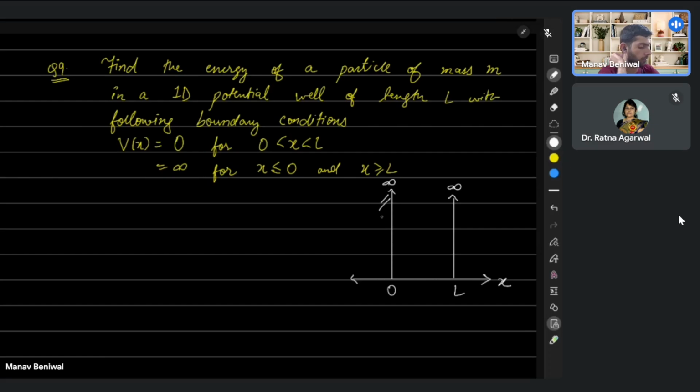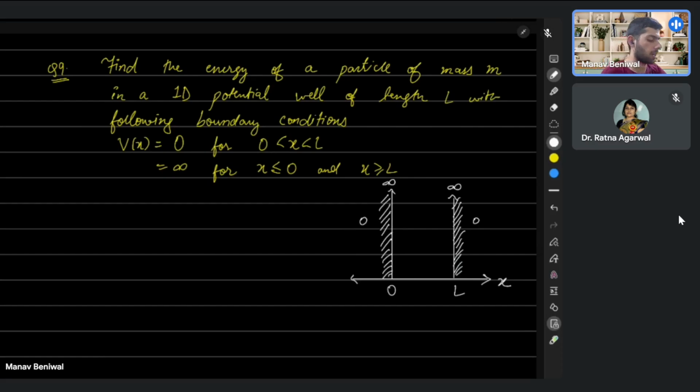You cannot have a particle in this region, and you also cannot have a particle in this region. So this is called a one-dimensional potential well, or an infinite well, because the potential is infinity at the boundary. So the probability of finding the particle in this region is 0, and also in this region the probability is 0.